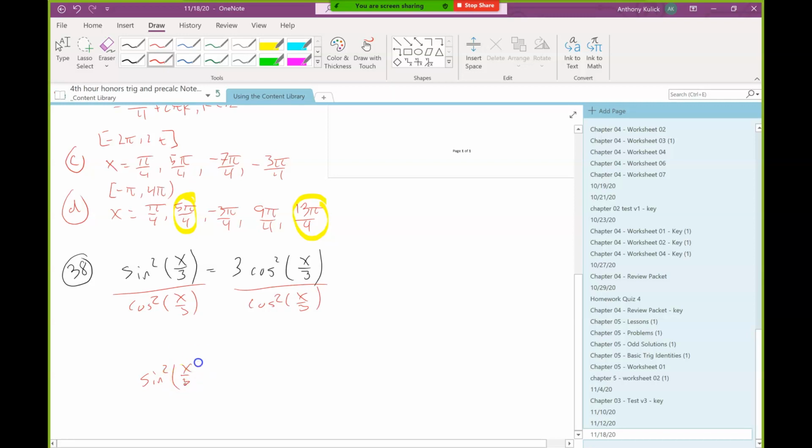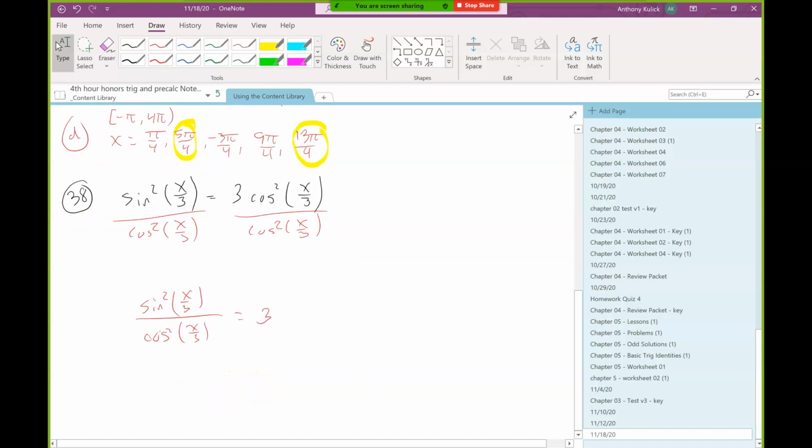So I'm going to have sine squared x over 3 divided by cosine squared x over 3 is equal to 3. Now sine over cosine is tangent, so I can just turn that into tangent squared x over 3 is equal to 3.